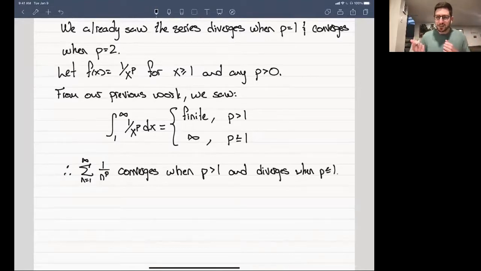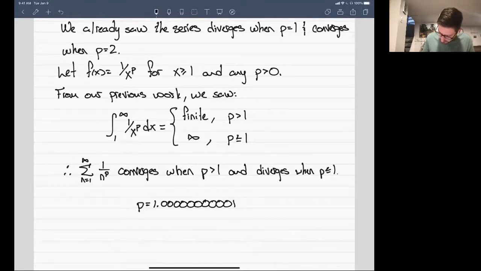And so what you can see here is that p equal to 1 is the borderline case, right? This is the harmonic series that we talked about. That thing takes a very, very long time to diverge. And what's super weird, for example, what if I use this? That number is bigger than 1, which implies that the sum actually converges for that value of p.